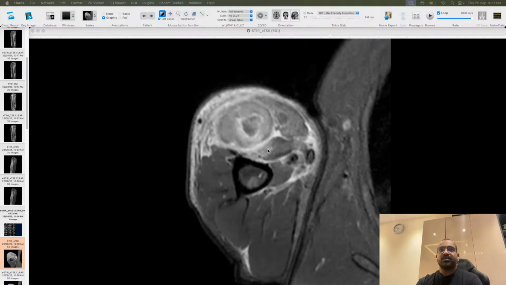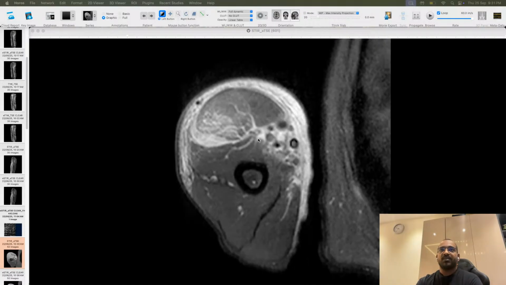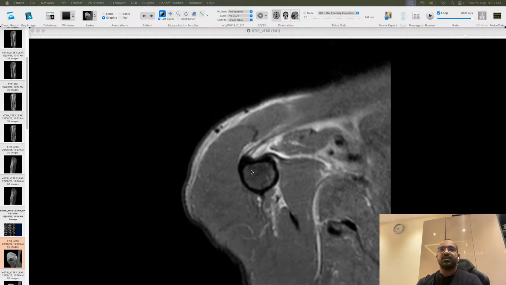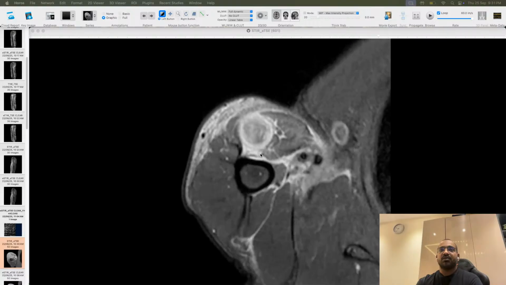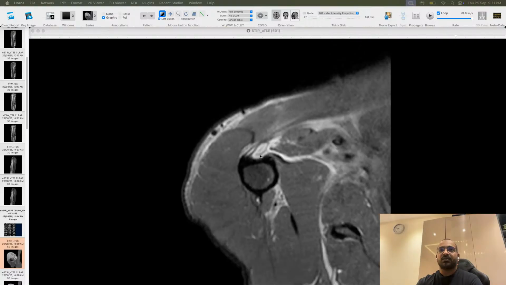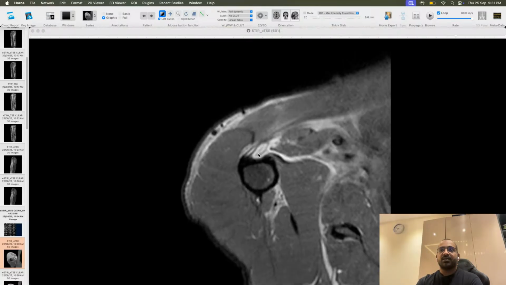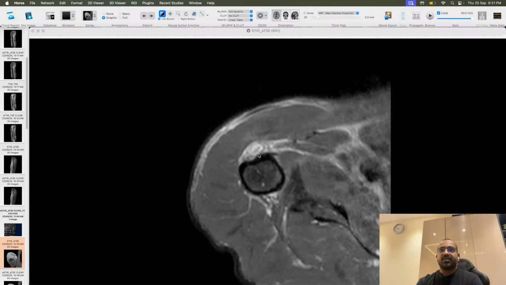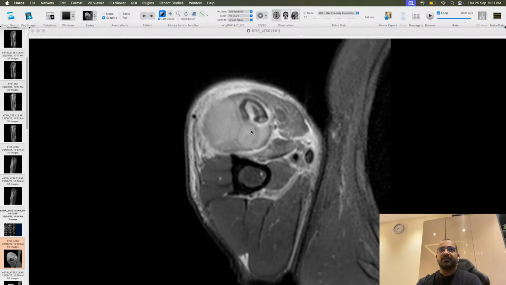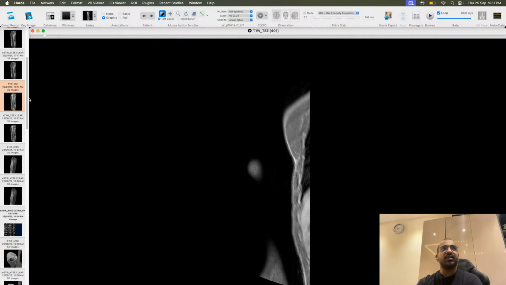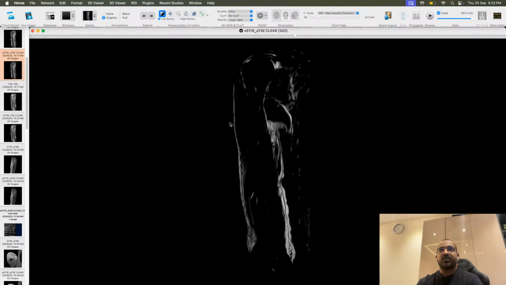This thing is our long head of biceps tendon, a torn long head of biceps tendon. I'm going superiorly again. There is an empty groove and no long head of biceps tendon sitting over here. This got retracted, almost till the level of the mid humerus.